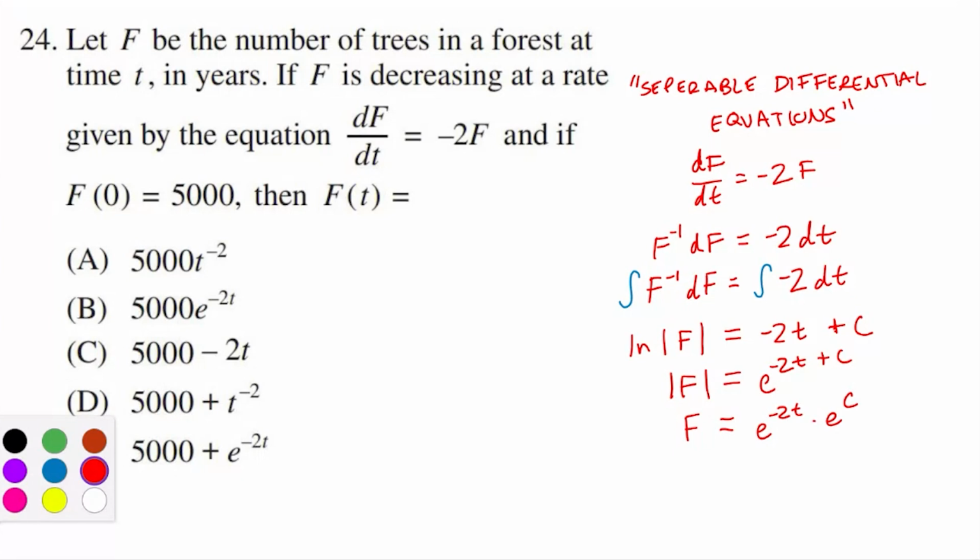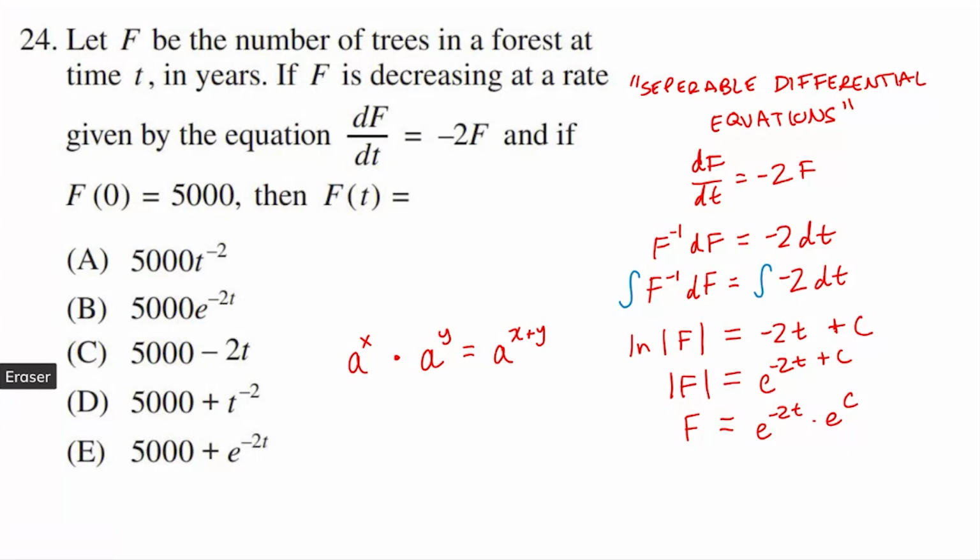We can do that because of our exponent property that says if you've got two powers with the same base and you want to multiply those two powers together, you simply add those exponents. And we're using that property backwards here.